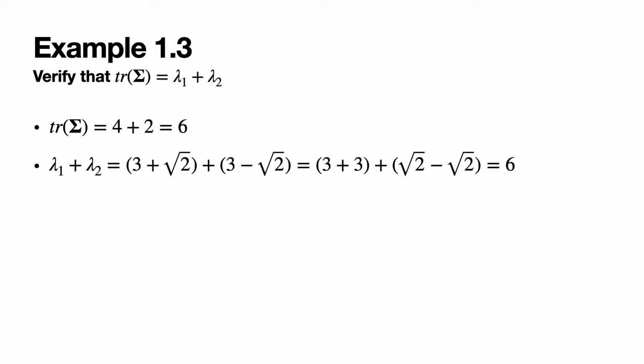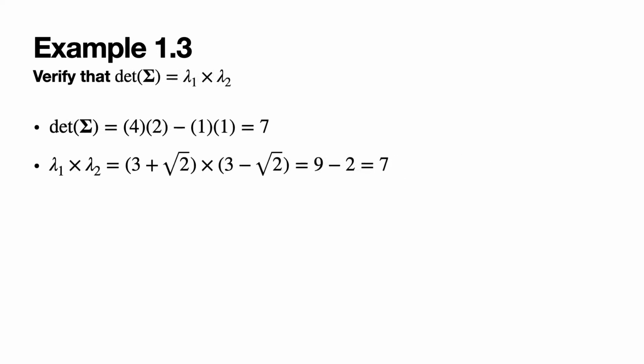The sum of the characteristic roots is 3 plus the square root of 2 plus 3 minus the square root of 2. And so the positive square root of 2 and the negative square root of 2 cancel out, and so we're left with 6. And so we see that the trace of the matrix is equal to the sum of its characteristic roots.